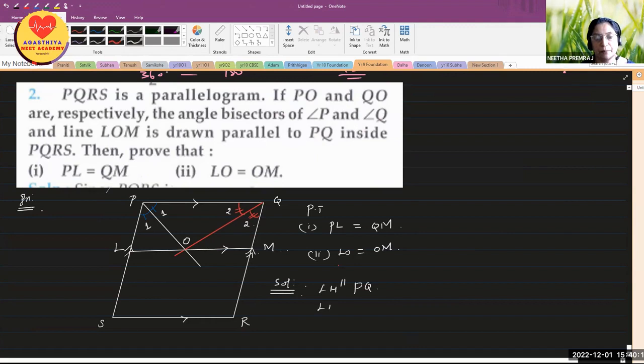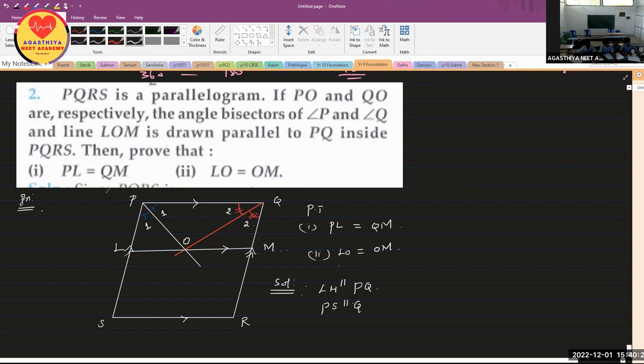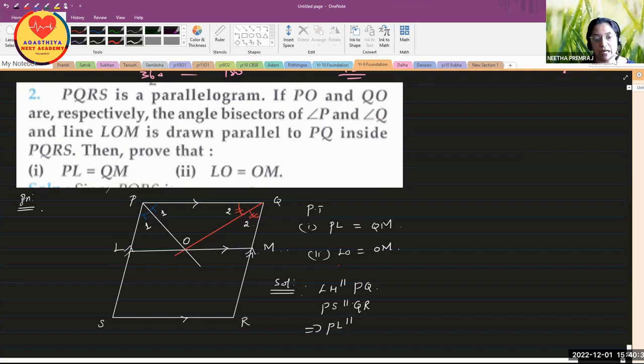So LM must be parallel to PQ, and you know that PS is parallel to QR, which implies PL must be parallel to QM, isn't it?